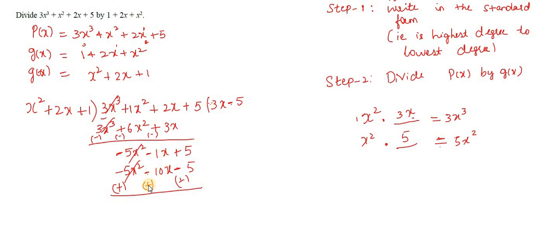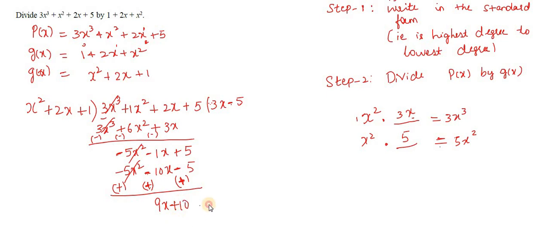Here you have to say the new sign. So plus 10x, you should not say the minus 10x, you should say the plus 10x, new sign. Plus 10x and minus 1x, 10 minus 1 is nothing but 9x, plus 9x. And here plus 5, here also we have to see the new sign, plus 5 and plus 5. So what will we get? Plus 10.